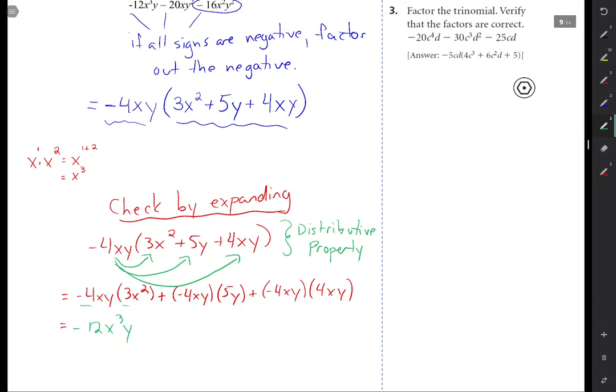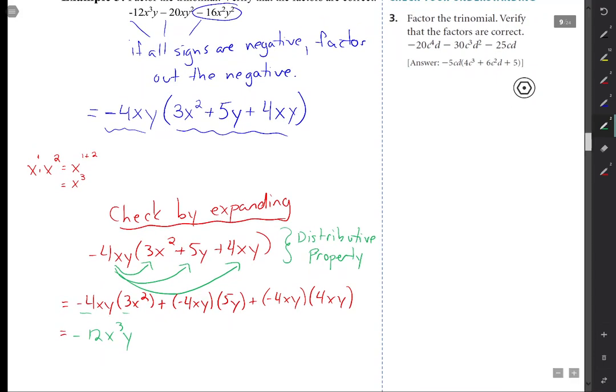Okay, good. That matches our first term up there. Then let's look at the second one here. We have negative 4 times 5 gives us negative 20. X times, no x is over here, so we just have an x, and y times y gives us y squared. And finally, negative 4 times 4 gives us negative 16. X times x gives us x squared, and y times y gives us y to the power of 2 as well. So this is equal to the original expression we have up here. So that means our factoring is correct.